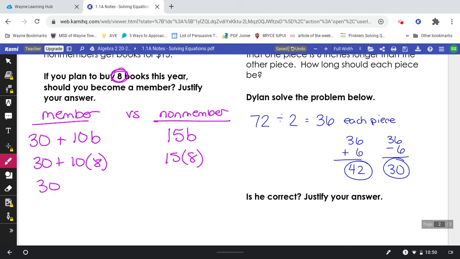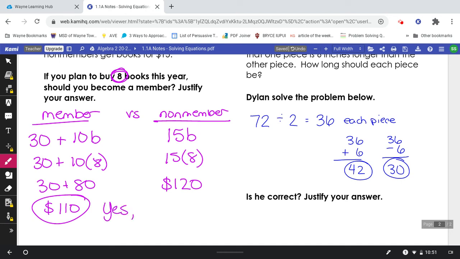Okay, so 30 plus 80 is 110. 15 times 8 is 120. So would you rather pay $110 or $120? Well, obviously you're going to want to pay $110. You're saving $10. So should you become a member?